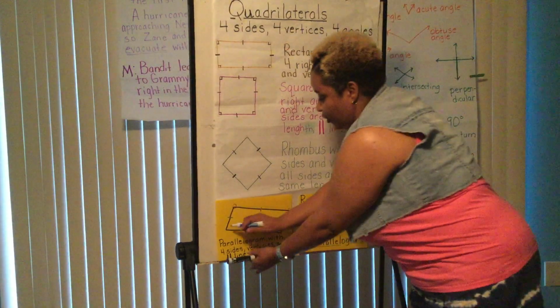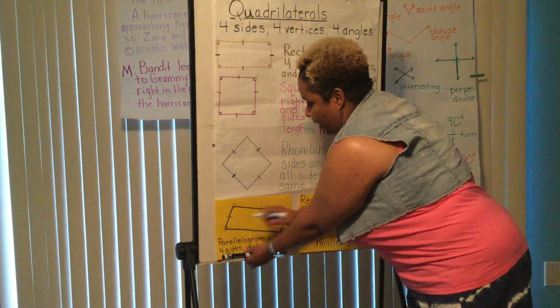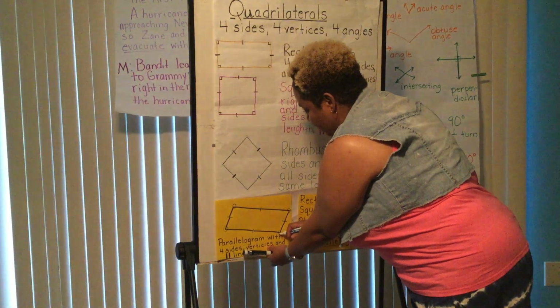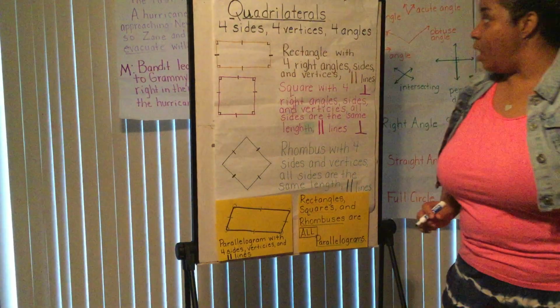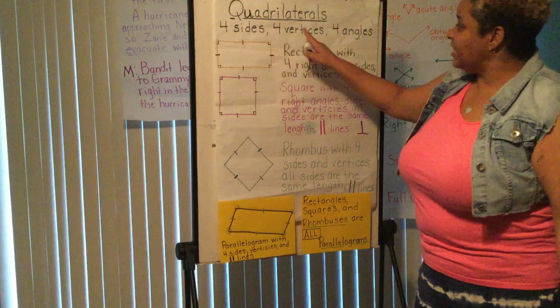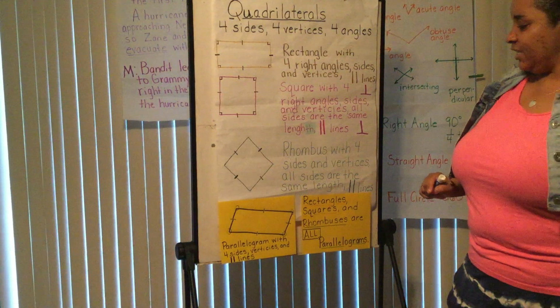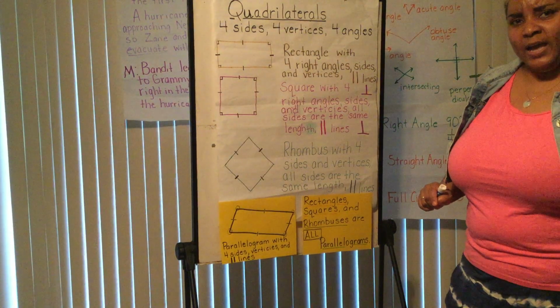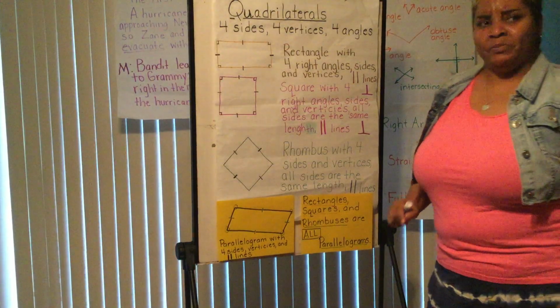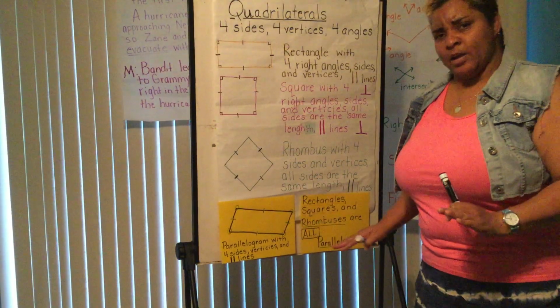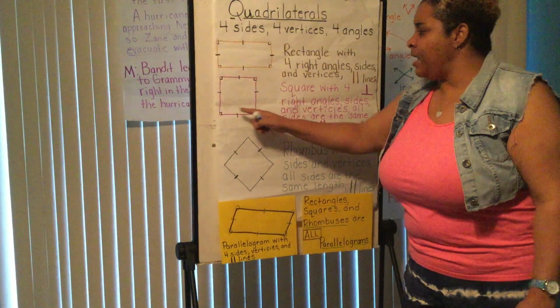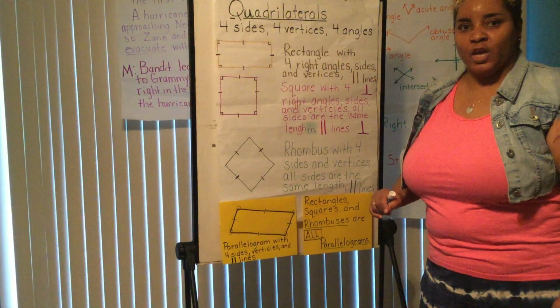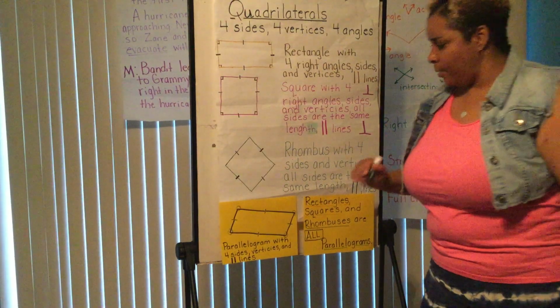Vertex 3. And vertex 4. So it's got the 4 sides and the 4 vertices. Let's see if it has 4 angles. I don't see any right angles on it, so I'm going to use that little happy face to mark my angles.